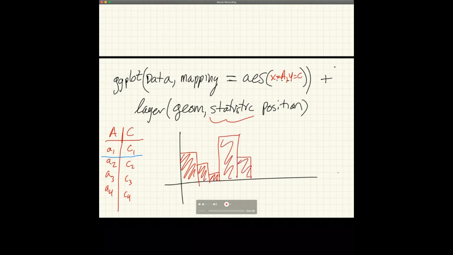In a histogram, generally this statistic is a count. Sometimes it might be a frequency, if you want to get the percent of observations that fall within that area. But the point is that every visualization is an implicit combination of a geometry. Is it a point?